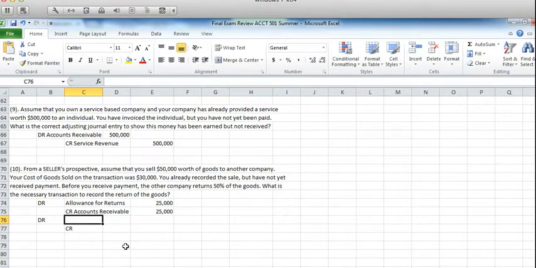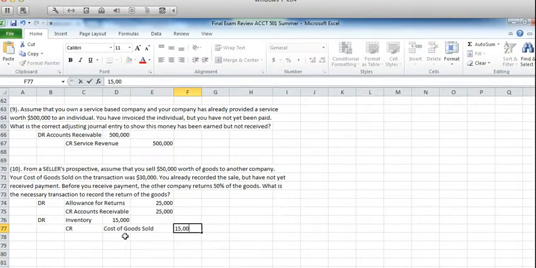Okay, so it affected our inventory by giving us back 50% of this inventory that we got rid of. Since the cost of goods sold on the transaction was $30,000, that means we have $15,000 worth of inventory coming back to us, and our cost of goods sold is being reduced by $15,000.